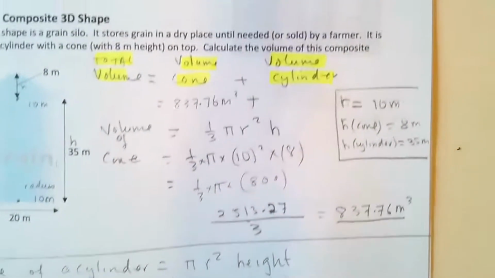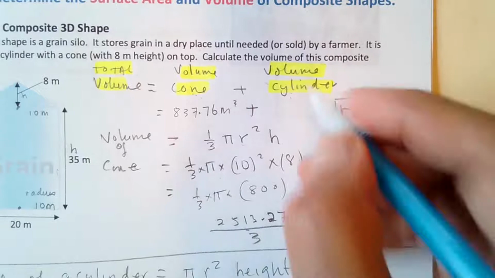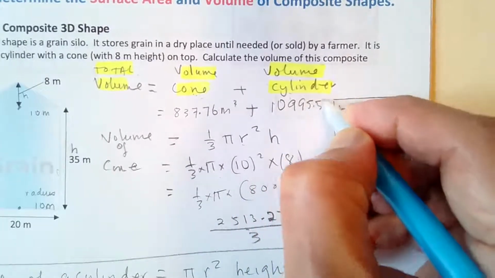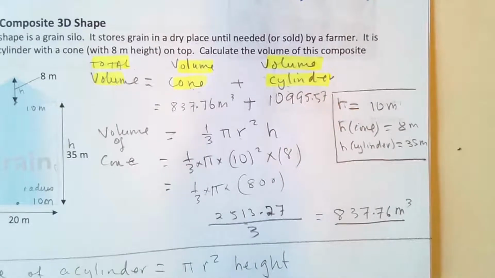Let's go back to my sequence. So that's 10,995.57. I'll just rewrite it below here.